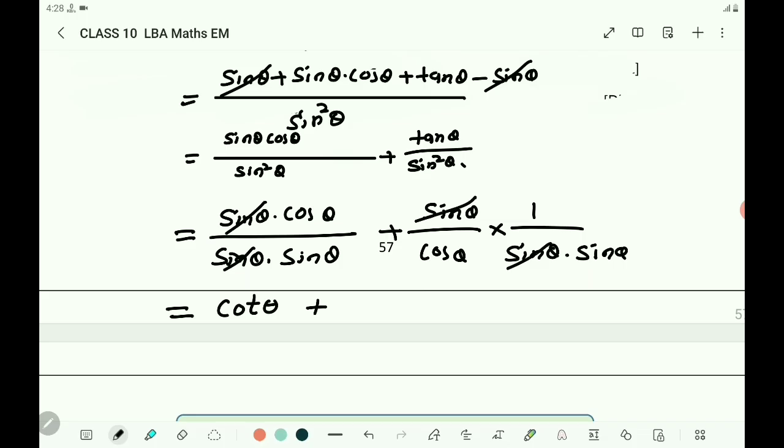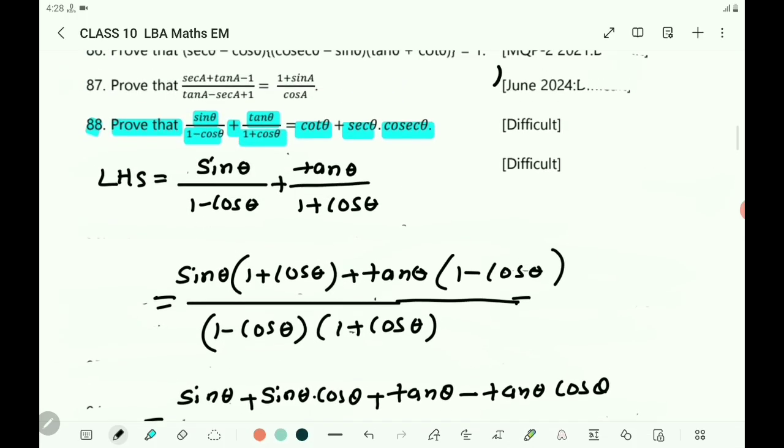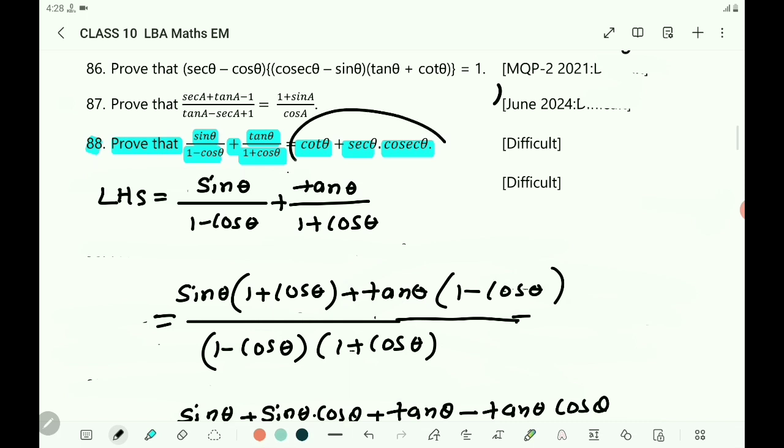So you got, this is 1 by cos, its reciprocal is secant, and 1 by sin, its reciprocal is cosecant. Secant theta into cosecant theta, which is RHS. You got cot theta plus secant theta into cosecant theta.